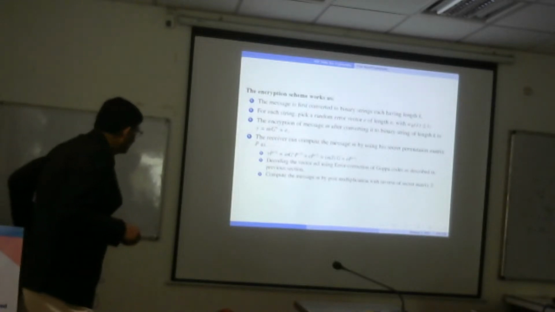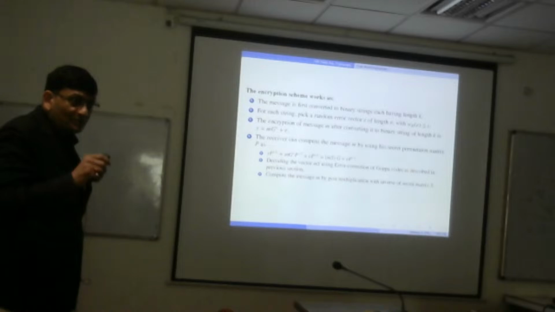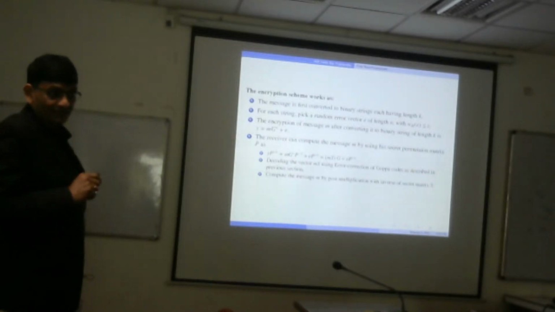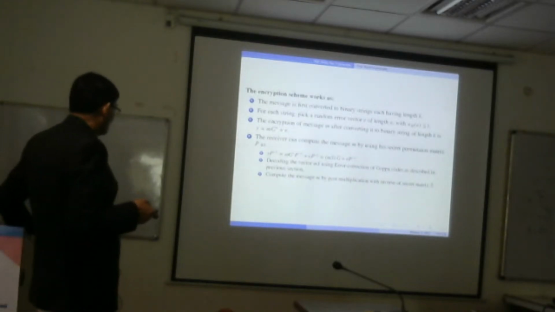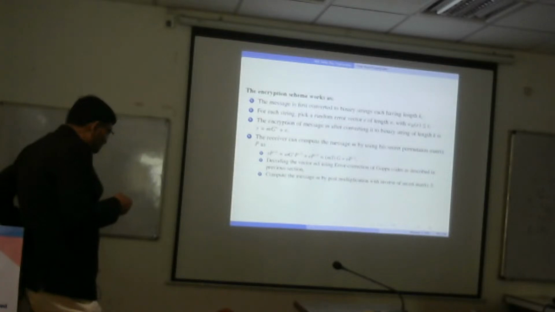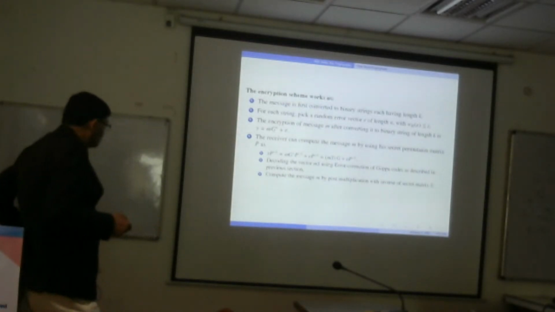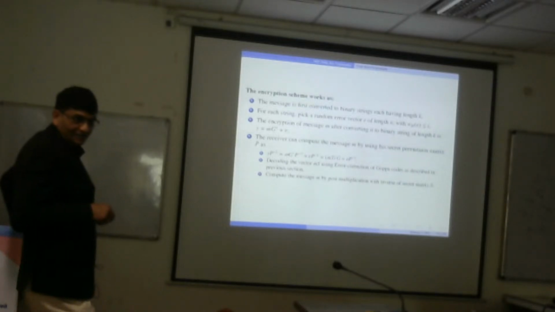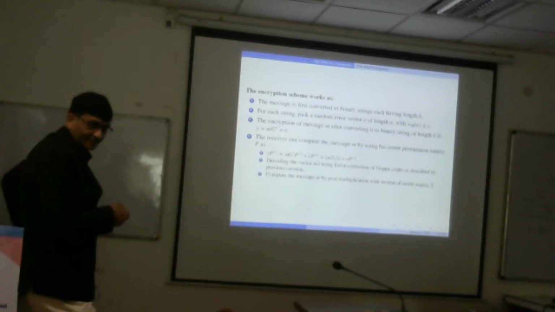Now we have to use a code which has an efficient decoding step. This is the important concept in coding theory. We have to use an efficient decoding algorithm, so we have to choose the code carefully. We use the decoding algorithm to find M S, and then finally we multiply by S inverse to recover the message M. Intentionally we have introduced the error here.